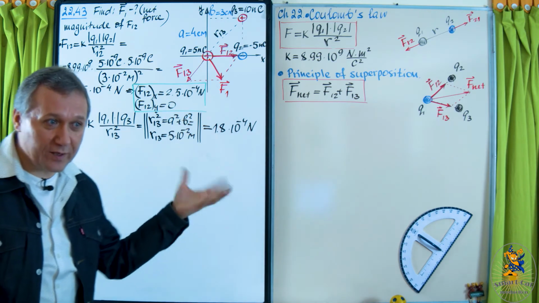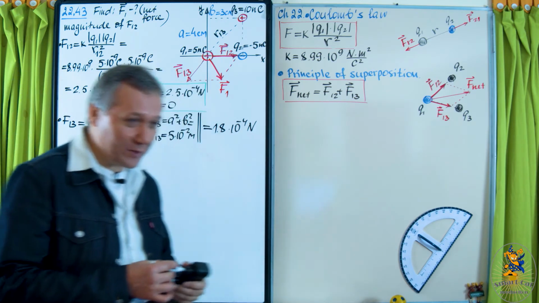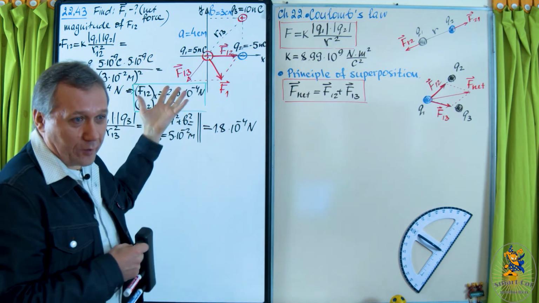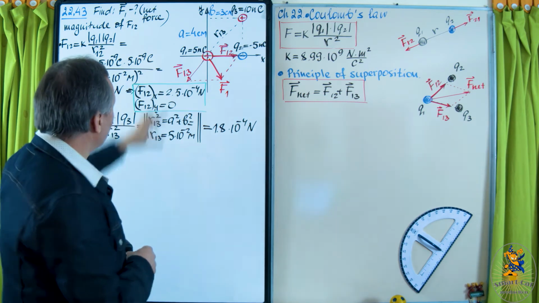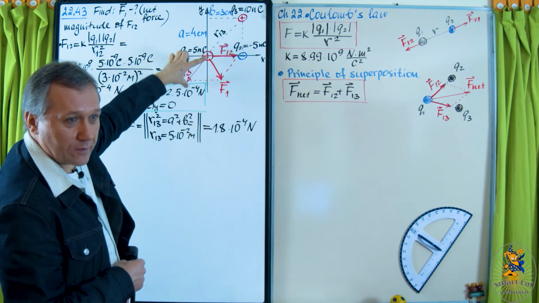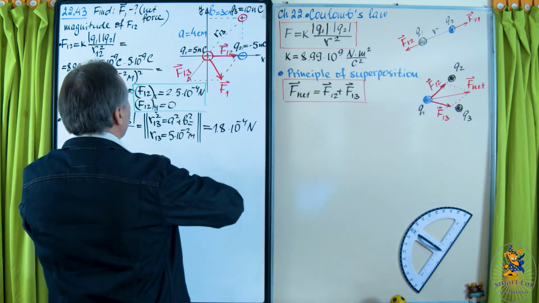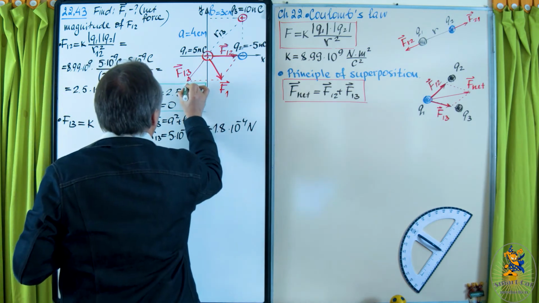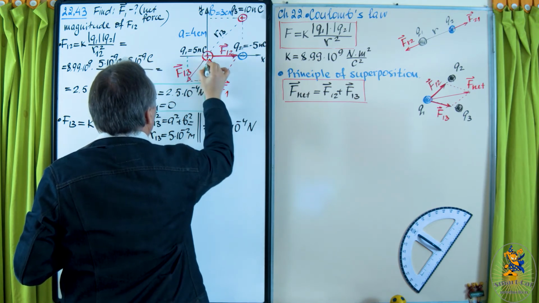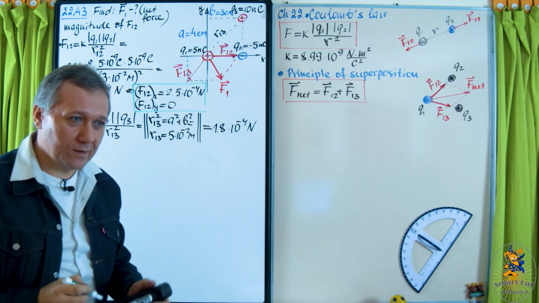But of course now it will be slightly more difficult to find components, because this vector is not along the x or y direction. So in order to find components of this vector F13, because that's the magnitude of this vector, let me use maybe green. So components, of course, will be this and that component, right?